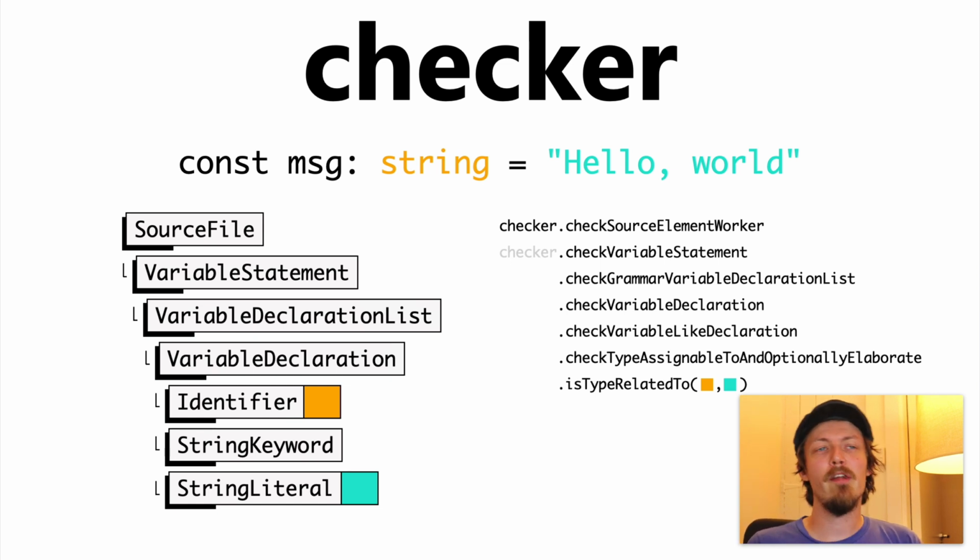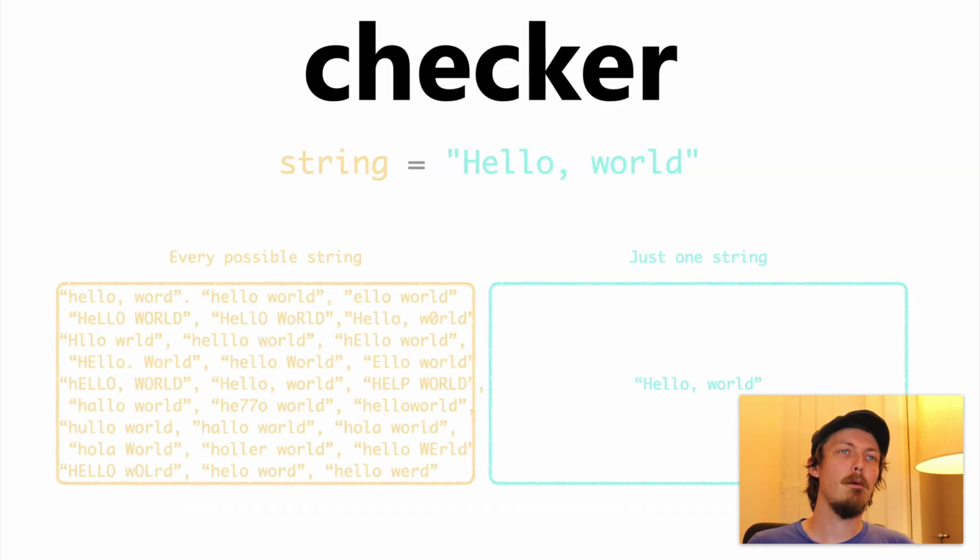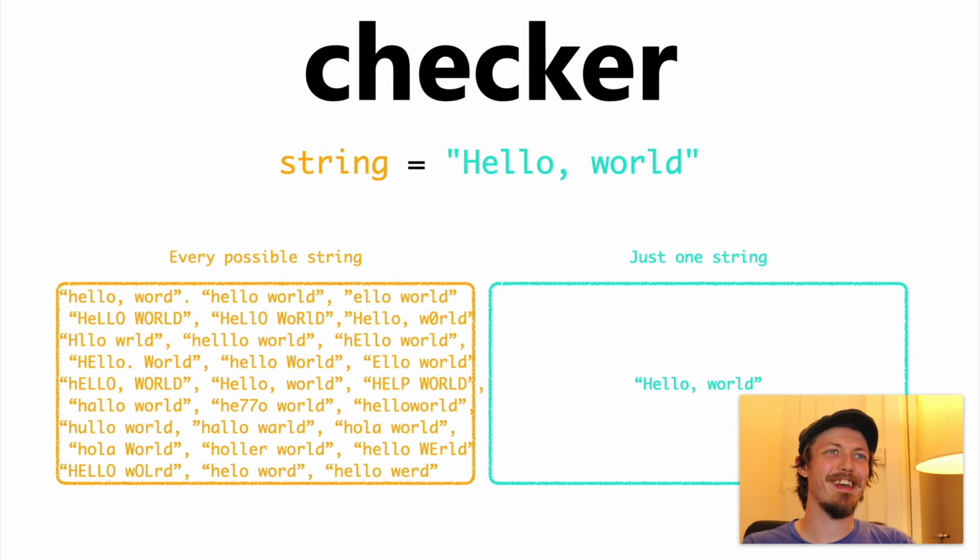Those map directly to the names of the syntax nodes in that syntax tree. And then eventually, nearly all checks find their way to a function called isTypeRelatedTo. In this case, we're comparing every possible string to a specific string, asking, can this one string make its way into the global string type, if you will?